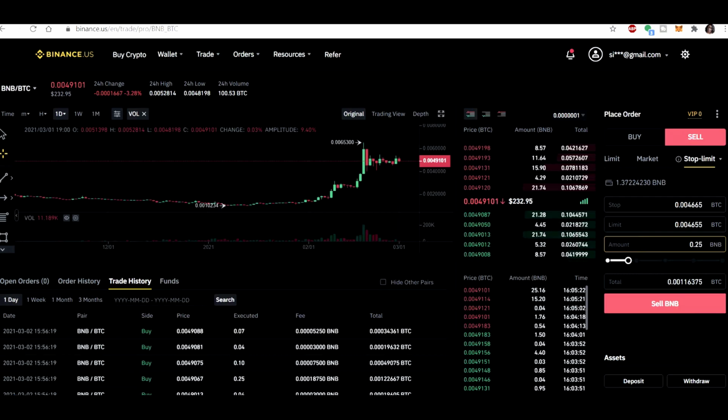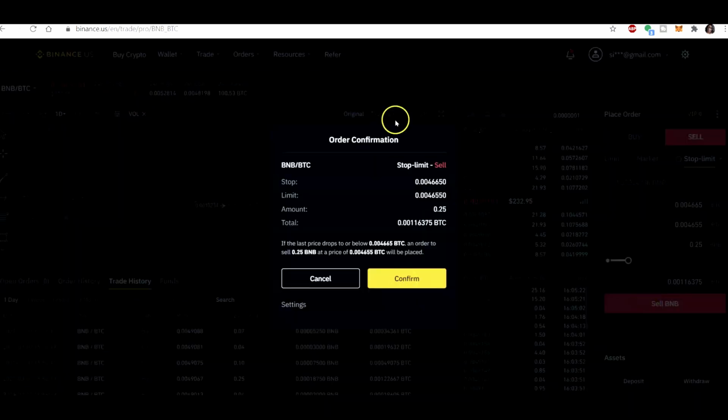I'll click on the sell BNB, and it always comes up with the order confirmation, and it's always important to go over it to make sure exactly what you want to do is what you've set up. And here it explains what I've just done.